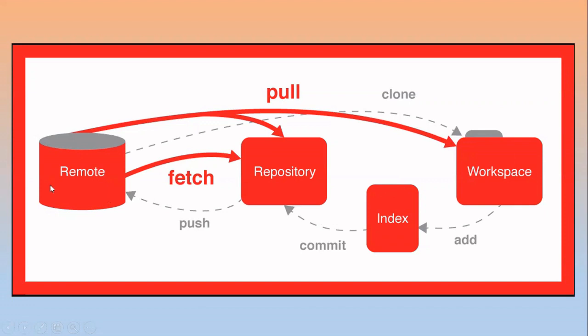So if you actually want to get everything and see what all changes and commits have been done, everything would be fetched from the remote repository, but would still reside on your local repository. Whereas when you do pull, everything will come into your local workspace where you're working. So that is the difference between pull and fetch.